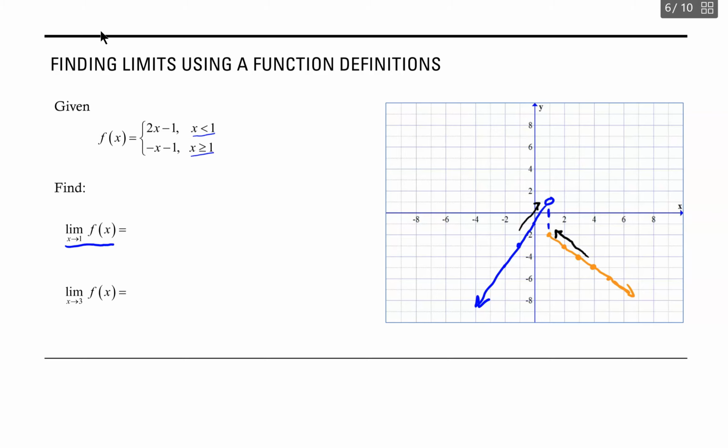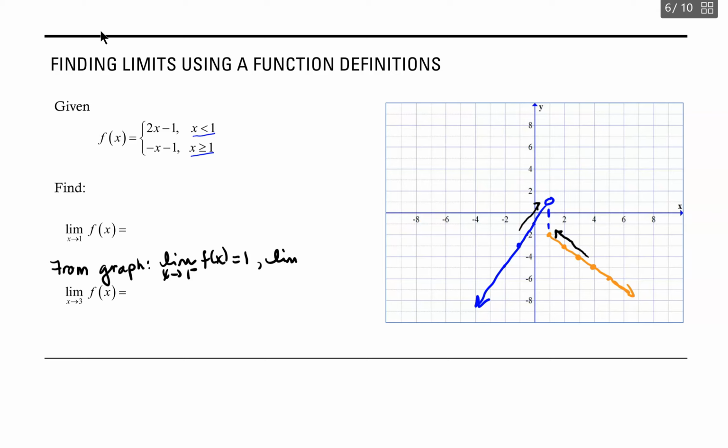So there's a couple things we can do here. We're going to make a note. From the graph, the limit as x approaches 1 of f of x from the left, we said was 1.